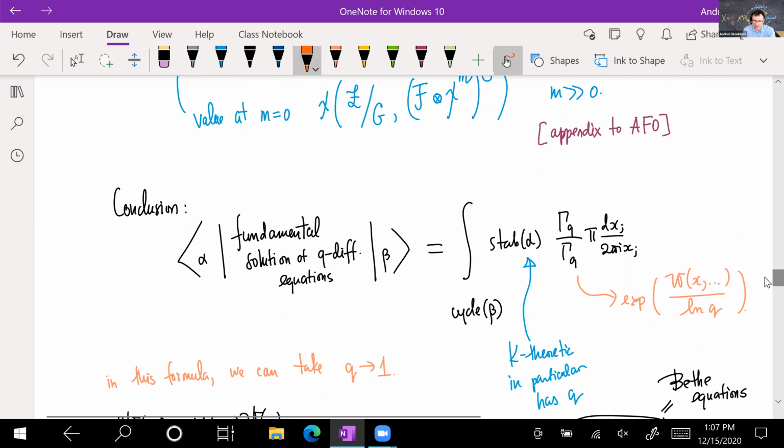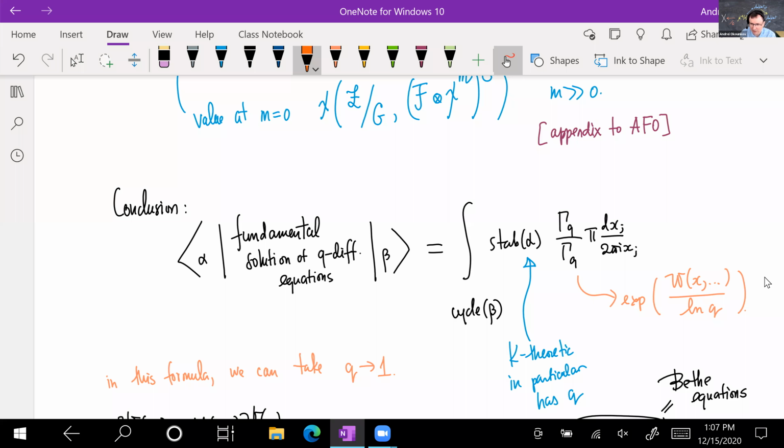So if you take the fundamental solution of your difference equations given by an integral, then in particular you know what the eigenvectors and eigenvalues are of the limit q to 1 of your matrix, just because that is the steepest descent of the corresponding integral.